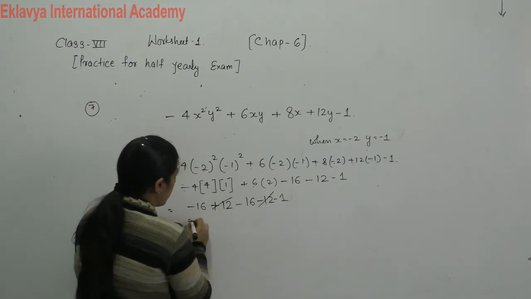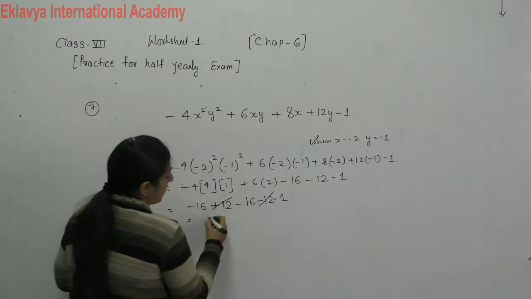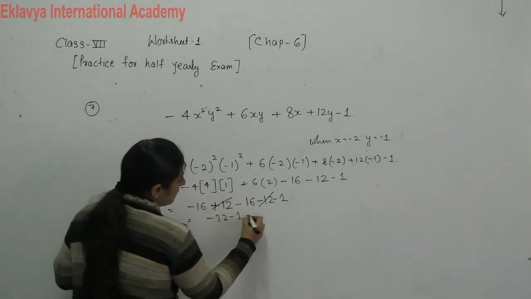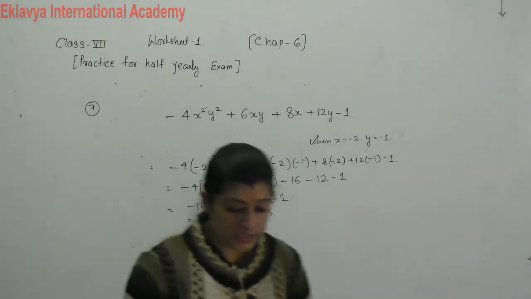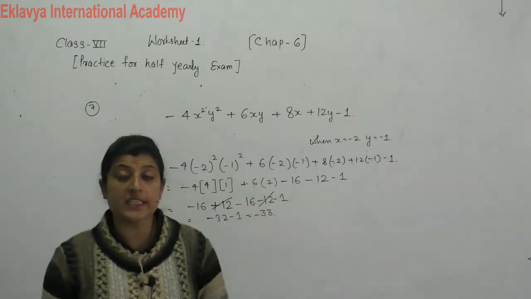Plus 12 and minus 12 cancel out, minus 16 minus 16 is minus 32, minus 1 is equal to minus 33. It means option C is correct.